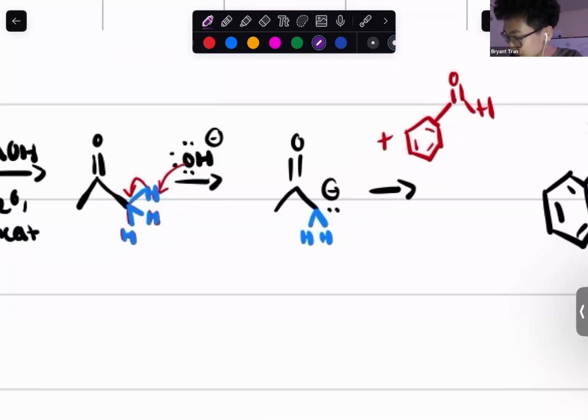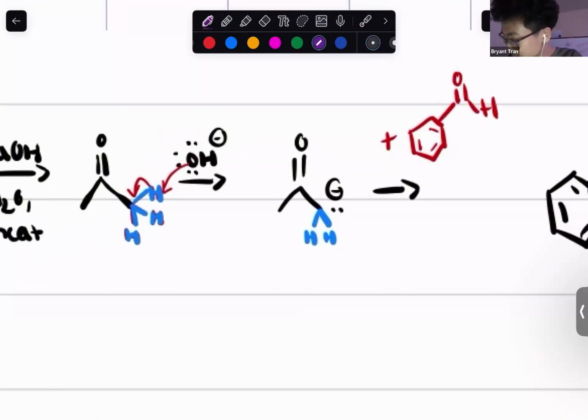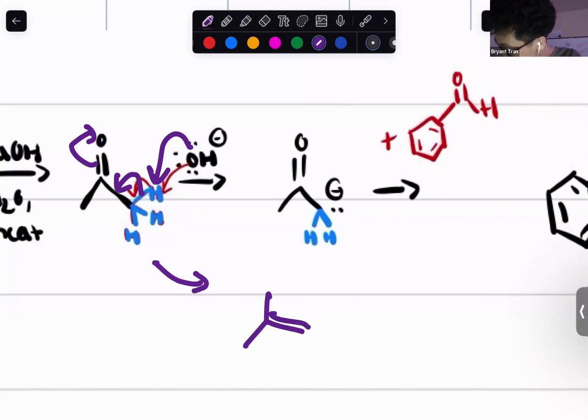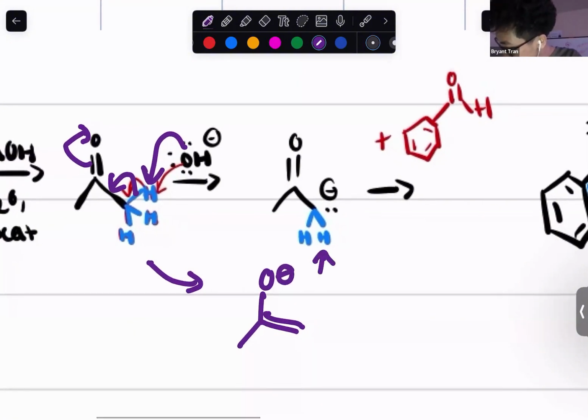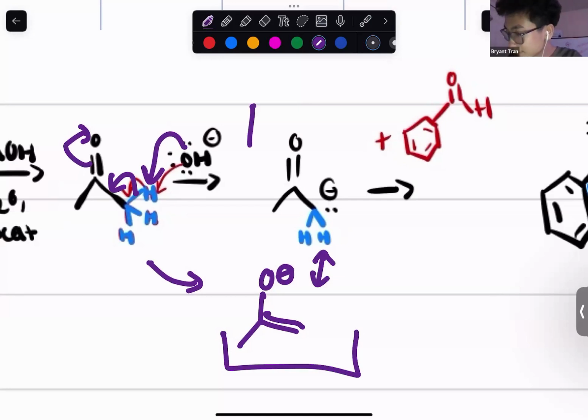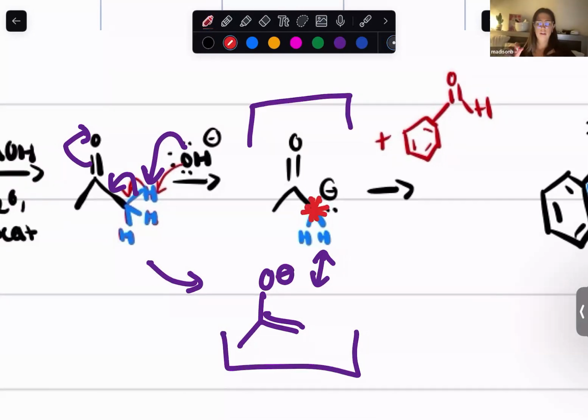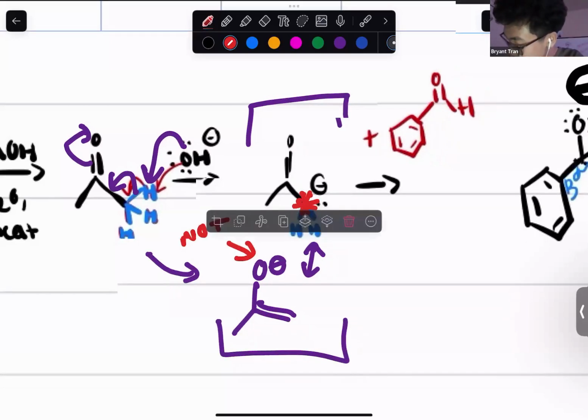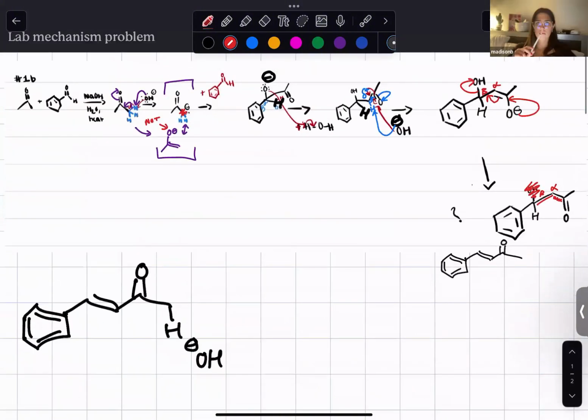Like if you drew the OH minus grabbing one of the alpha hydrogens like you did, make a double bond right there and push that double bond to the oxygen to give you this intermediate right here, which is the same thing as what you did up here, but it's just a resonance structure of that. But the way that you drew it is more clear to see where the nucleophile is, which is this alpha carbon right there. This one here is kind of misleading because that is not the nucleophile, even though there's a full negative charge on the oxygen atom.